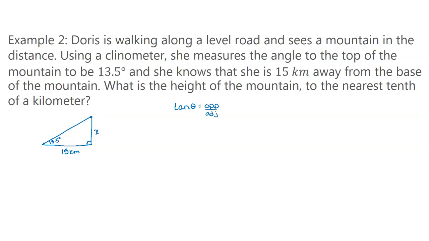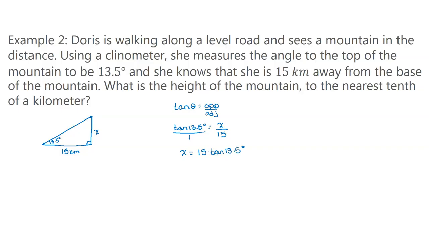So now using our tangent ratio, I'll fill in my angle theta to be 13.5 degrees, fill in my opposite to be x, and my adjacent to be 15. So once again, we will cross multiply. You can write this over 1 to make it into a fraction. Now this time, because x is in the numerator of the fraction, we're multiplying x by 1 here. And x times 1 is just x. And we're multiplying 15 by tan of 13.5 degrees.